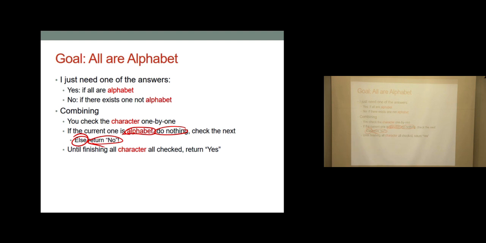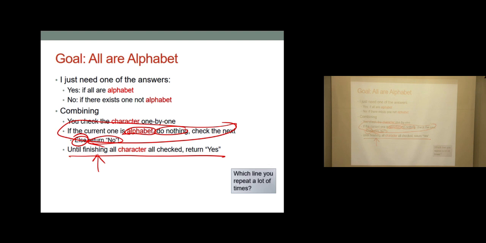But when you can tell yes is when you finish all the characters, and at the end you finish checking all of them. Finally I can tell, oh good sir, I checked all of them, they're all alphabets, and I can tell you yes.